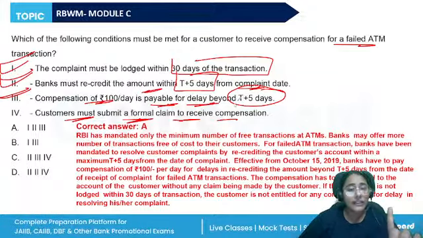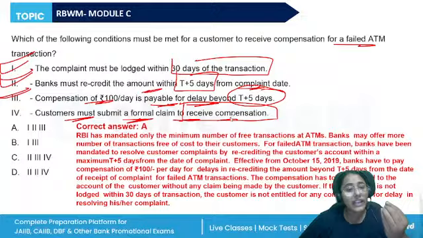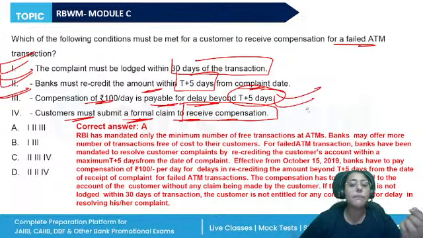All right. Doesn't matter whether the customer makes a separate claim for the compensation or not, compensation will be paid by the bank if there's a delay beyond T plus 5 days. All right. What is the compensation? Rupees 100 per day for the delays in recrediting.